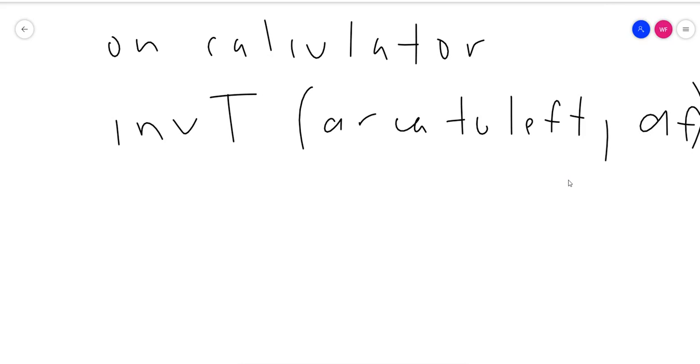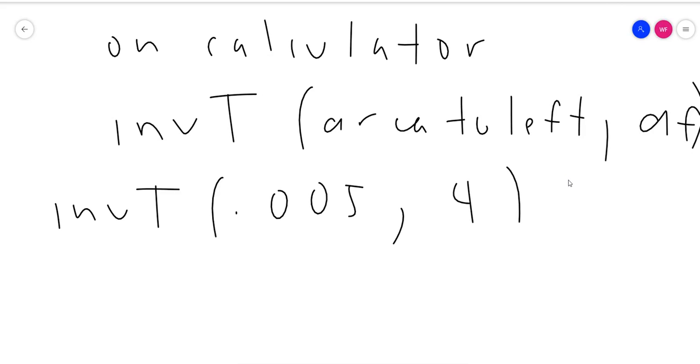So for this particular example, we want to do inv-t, and the area to the left was 0.005, and because there were 5 matched pairs, the degrees of freedom were 4. And so that's what we want to enter in the calculator, inv-t 0.005, comma 4.